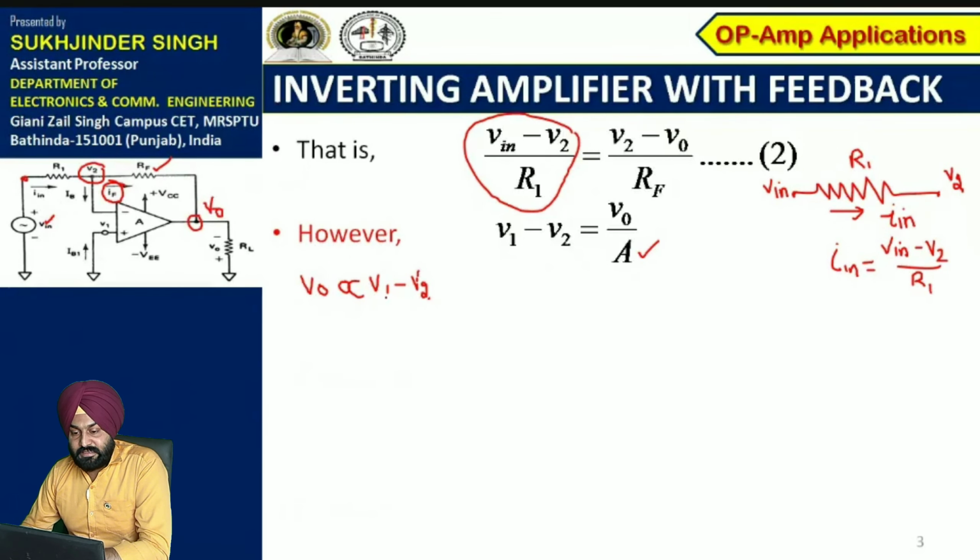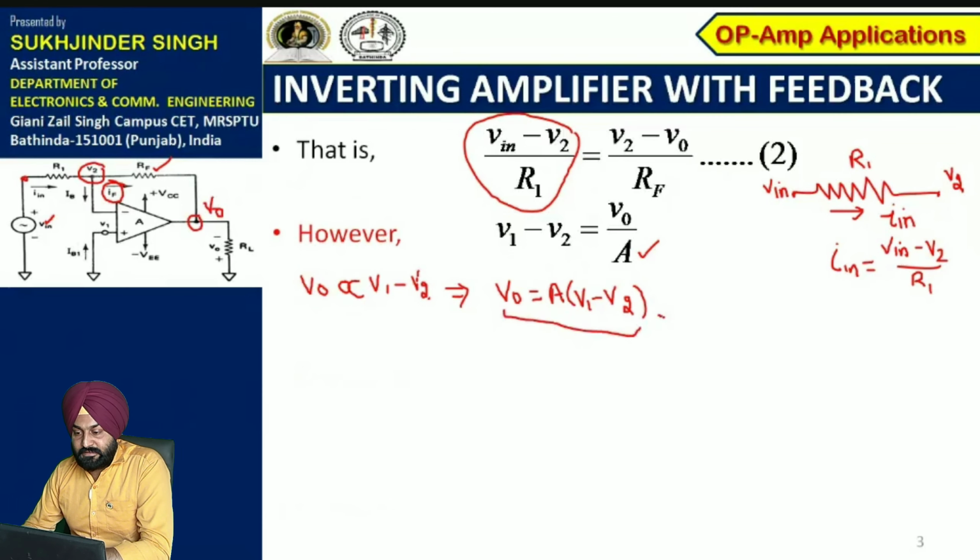So V0 is directly proportional to the difference V1 minus V2. After removing the sign of proportionality, V0 can be represented as A into (V1 minus V2). So from this expression you can write V1 minus V2 is equal to V0 upon A.